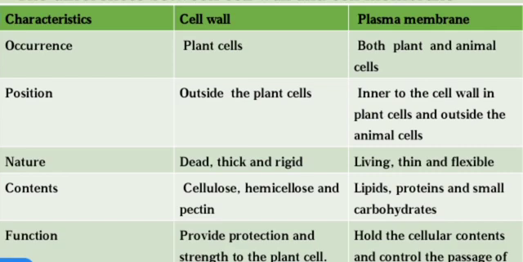The third question is write a note on plasmolysis. And the fourth question is write the differences between the cell wall and the cell membrane.